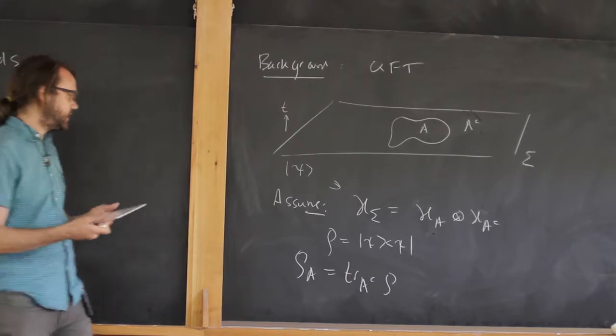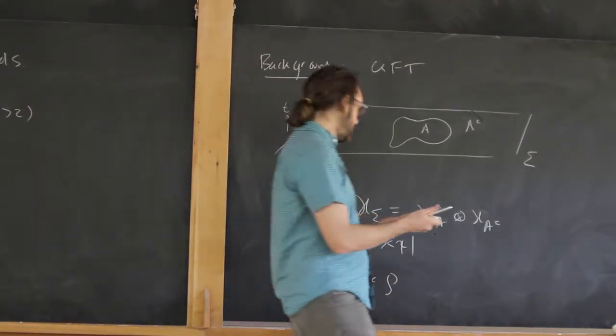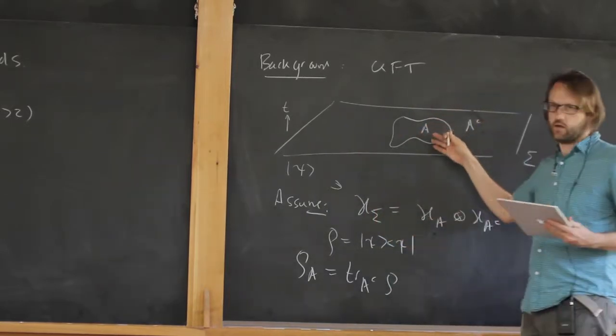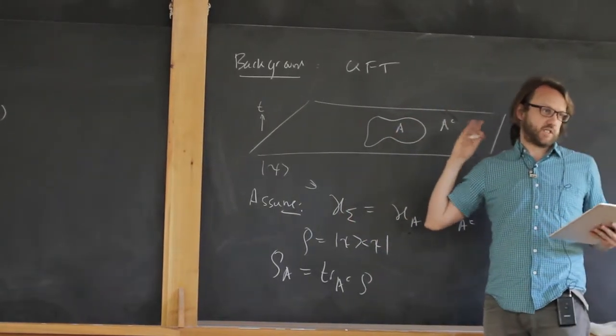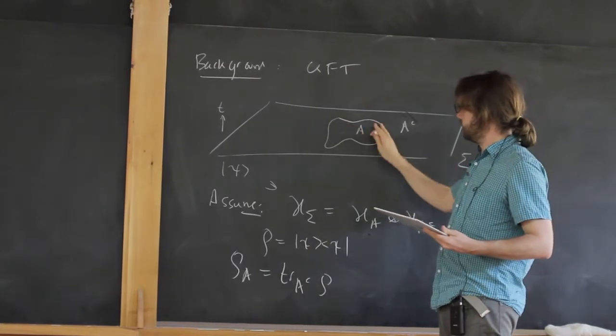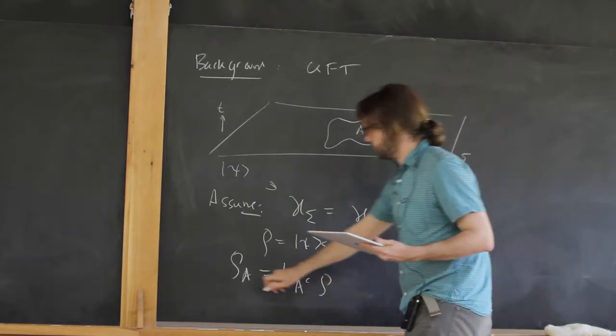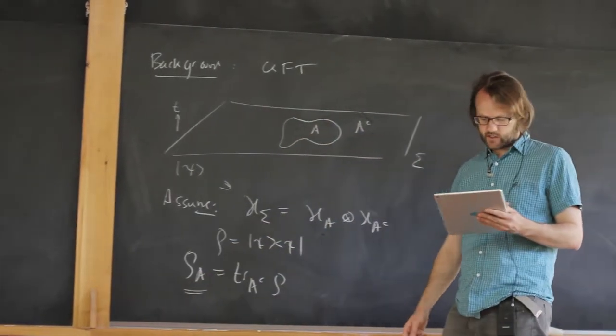The utility of tracing over it is that now we can just think about observables in this region. If we're just interested in what we can measure in this region, in this state, then this density matrix is sufficient.